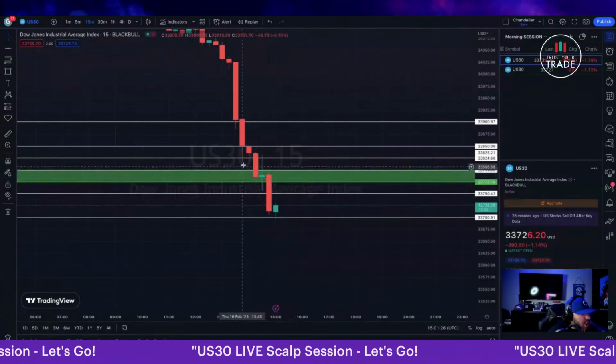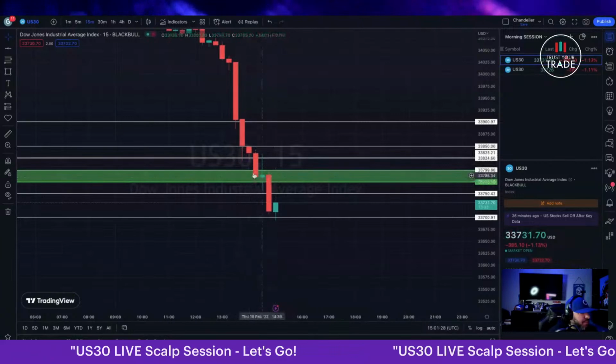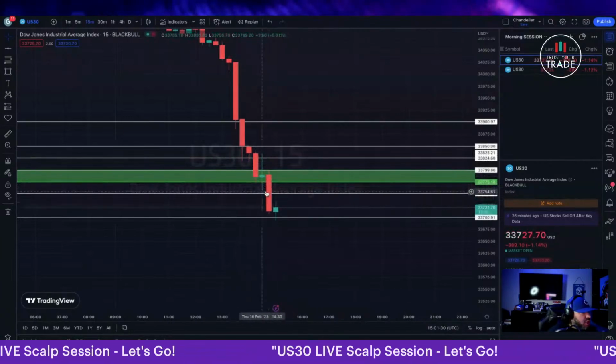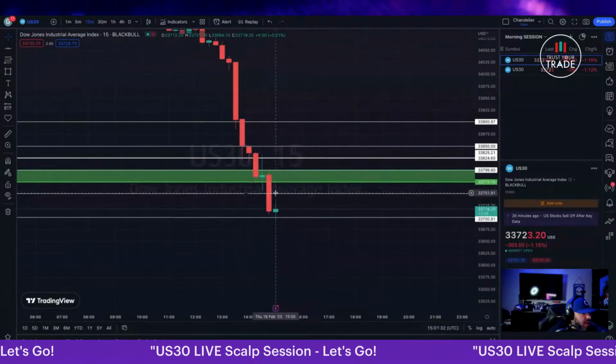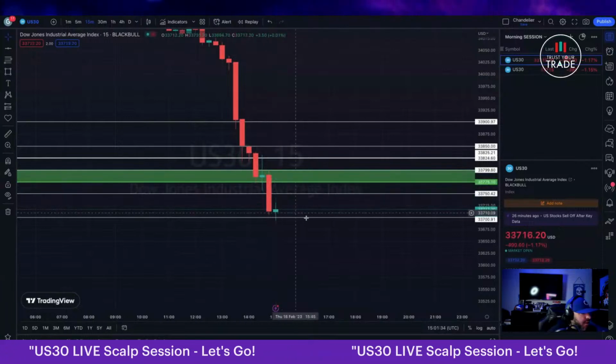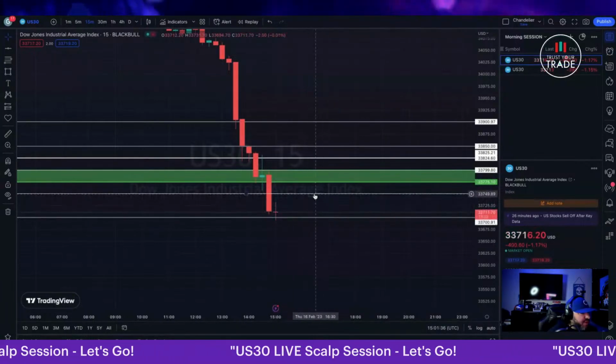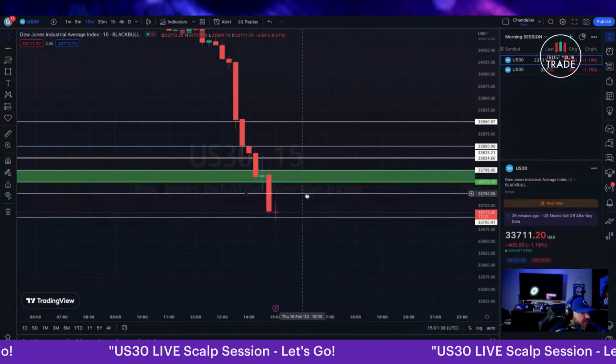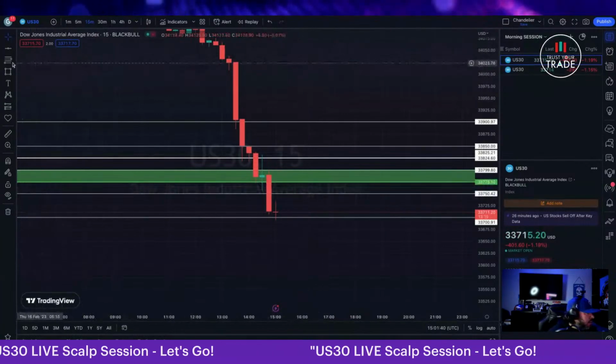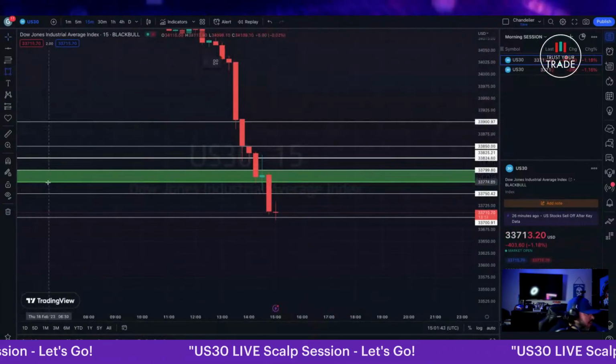I really like this zone because, as you can see, this was the last break. I'm trying to move this down, but what I'd like is this 33,750, this 25-point gap right here. This is what I'm looking at.